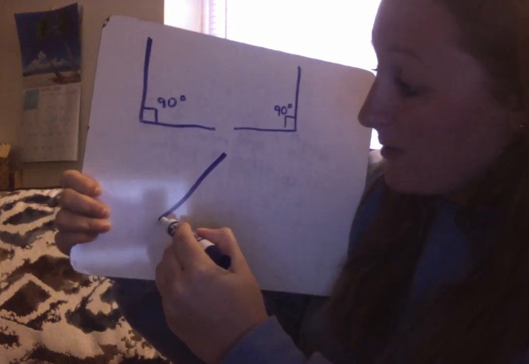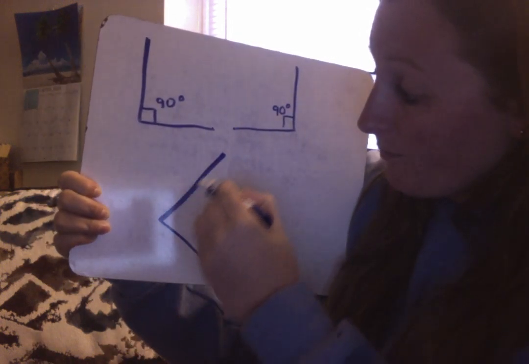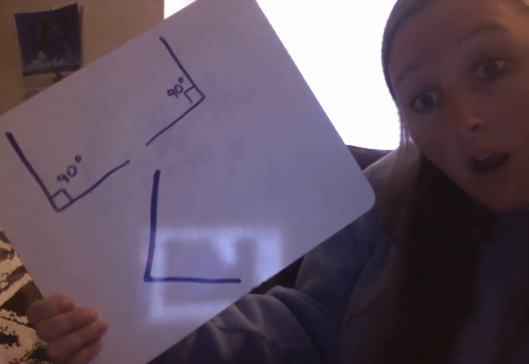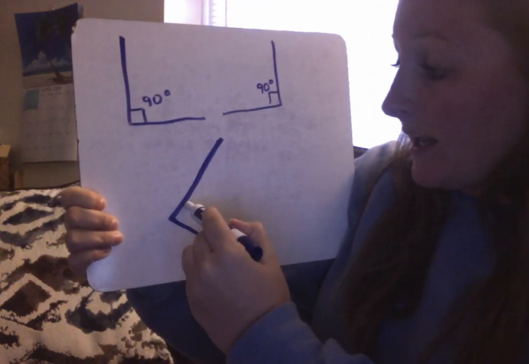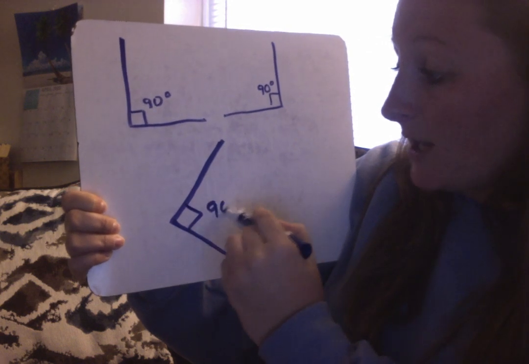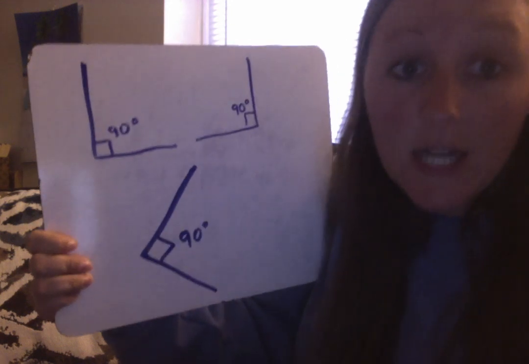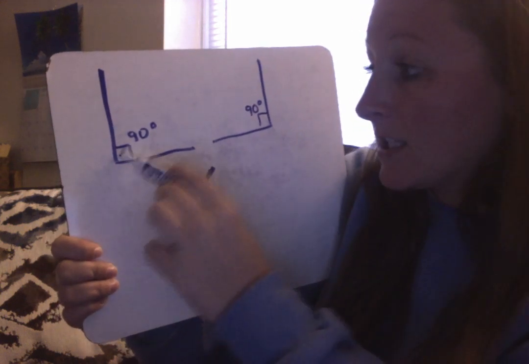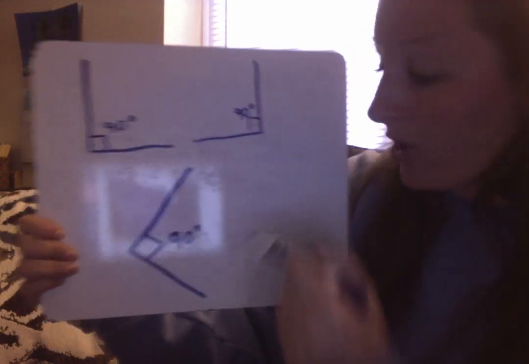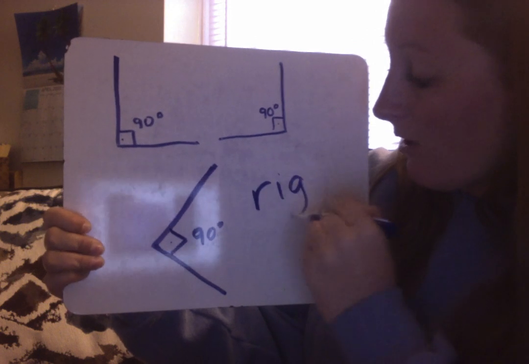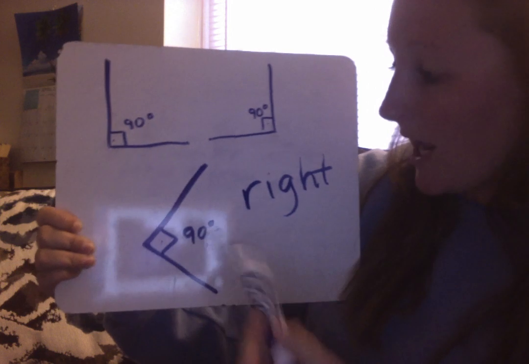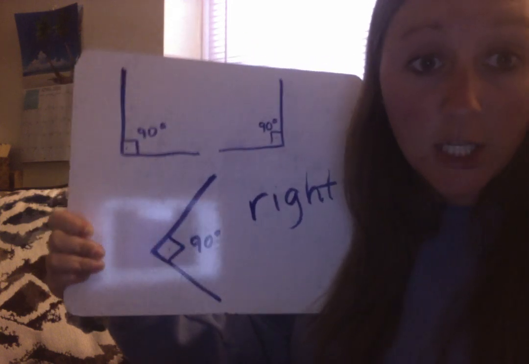So it doesn't even have to be lined up perfectly, but if it looks like a perfect L, then it's going to be a right angle, and it's always measured at 90 degrees. 90 degrees is the right angle, and a lot of times it has this little square here. Just like as if you were right-handed, that's how you spell it, just a right angle, okay? 90 degrees looks like an L, it's a right angle.